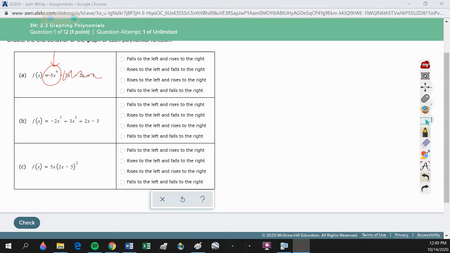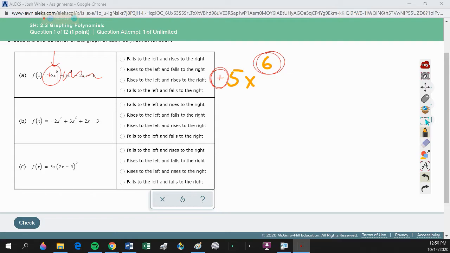The number in front of the 5 is positive, and the 5 does not affect the overall shape. It just kind of stretches it a little bit. So 5x to the sixth. We're focusing in on the positive. We're also focusing in on the 6.